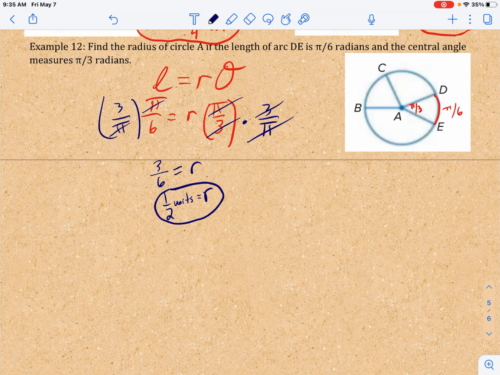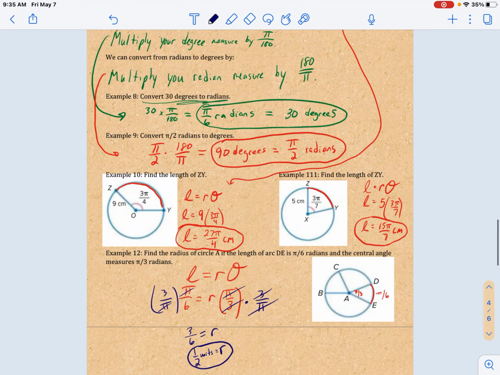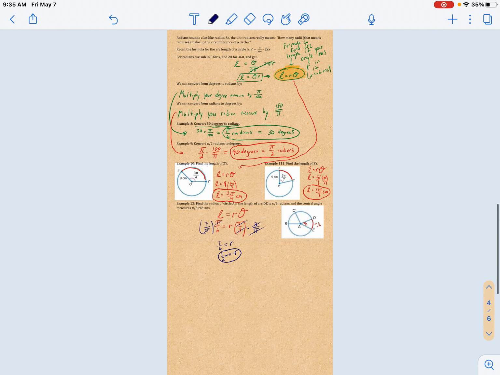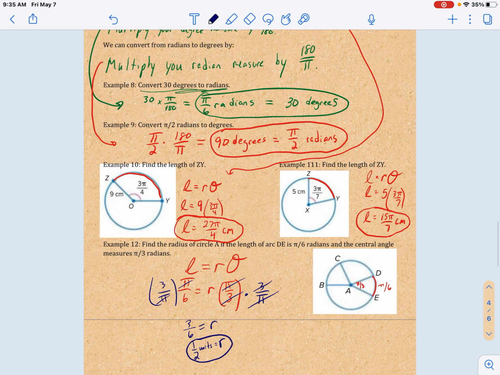Okay. So that's pretty much it here. You're just basically plugging and chugging into formulas. Okay. So again, one last comment. Radians and degrees are both measures of angles.